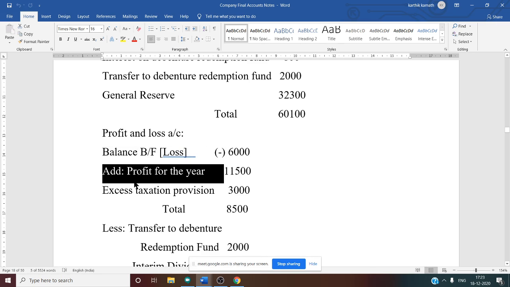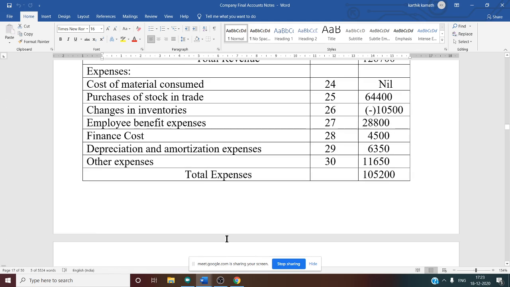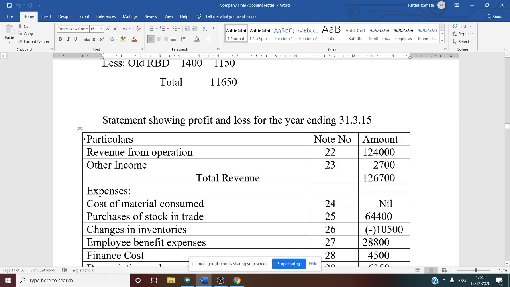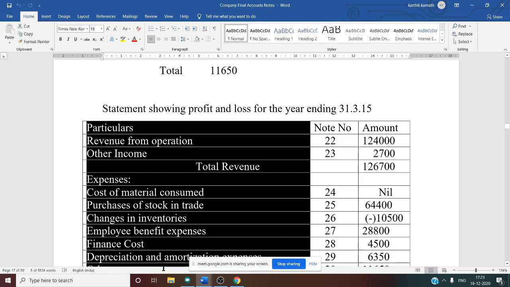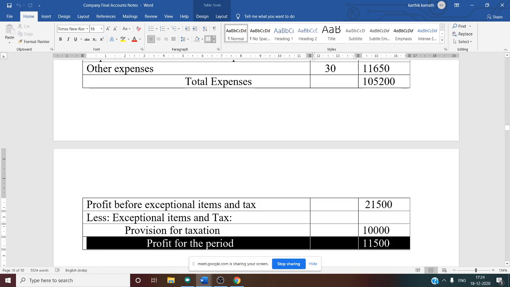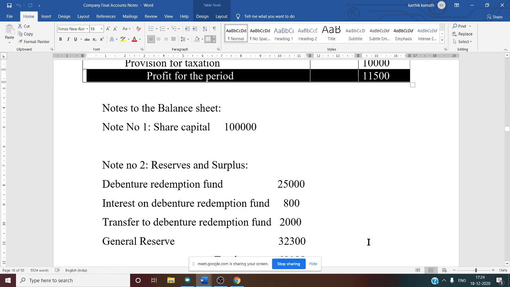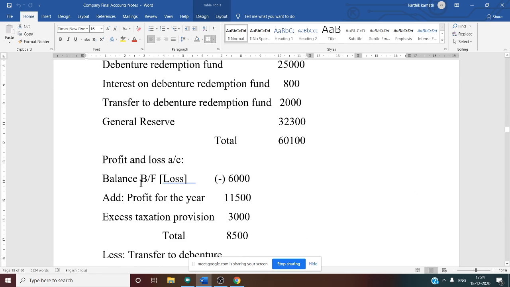Profit for the year, from where you will get, that is statement of profit and loss account. See this statement of profit and loss account, in the last class we have discussed, it's final total. Final total we have to see, where is that final total given, profit for the period, last sentence, profit for the period 11,500. So this 11,500 you have to add to the balance brought forward.